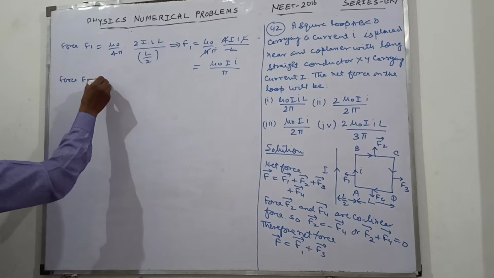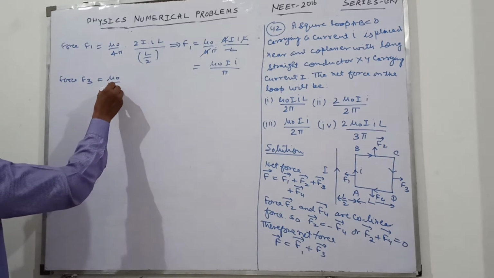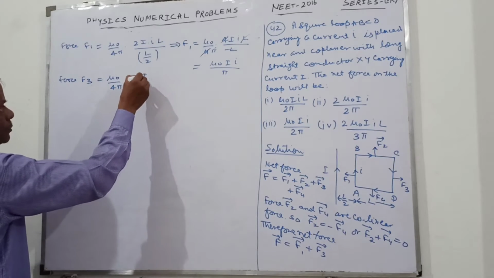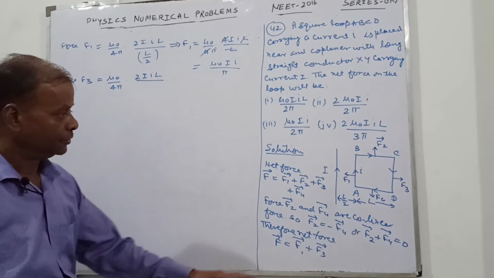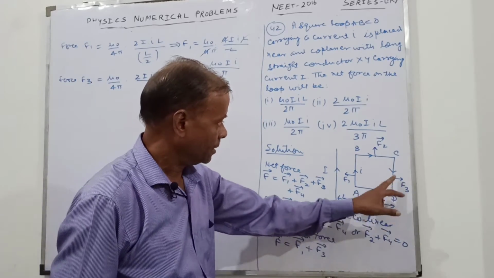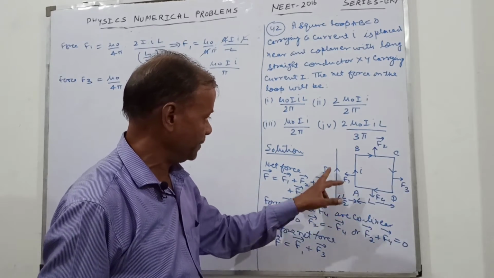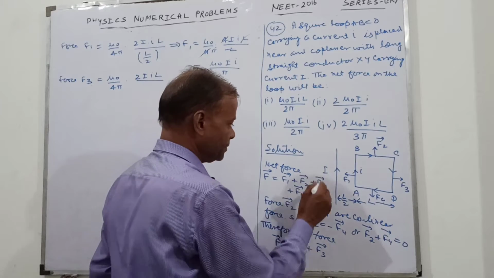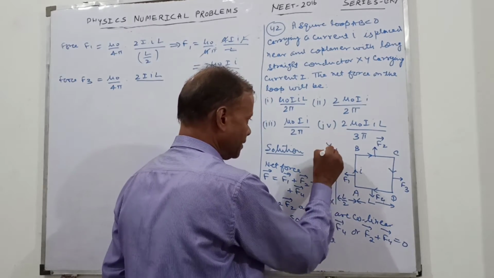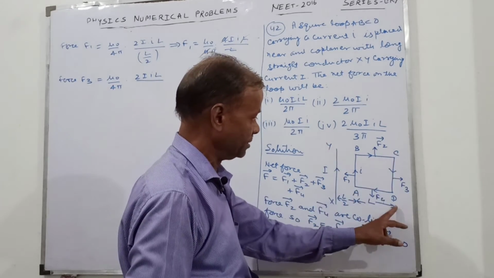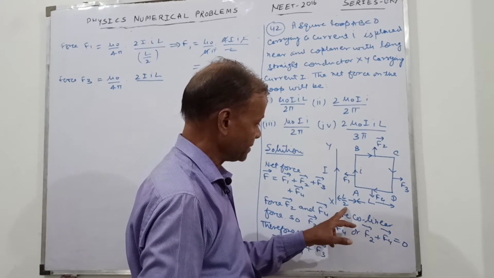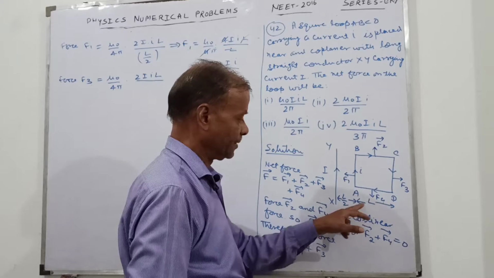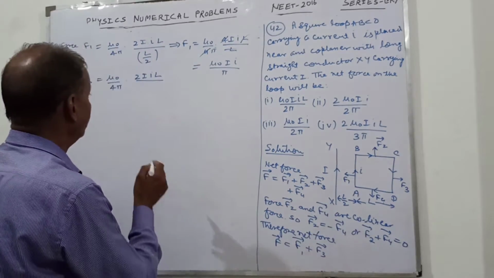Now force F3 is equal to mu naught upon 4 pi into 2 I into side L upon the distance between the conductor XY and CD. This is L plus L by 2, so the total is 3L by 2.